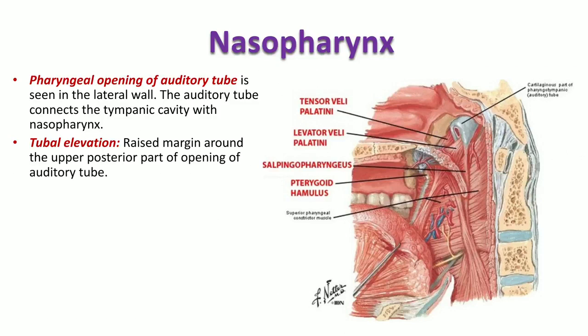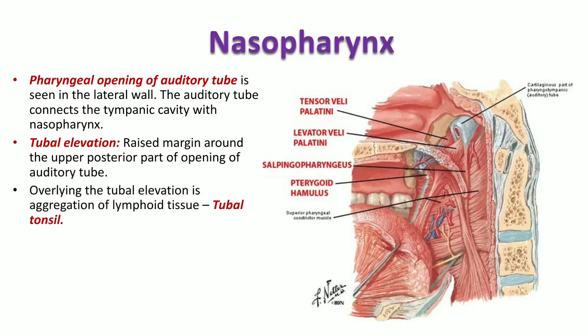Then on the tubal elevation you again come across an aggregation of lymphoid tissue, which is called the tubal tonsil. This is again a defensive mechanism, because it is there to trap any microorganisms before they enter the auditory tube. Through the auditory tube, infections might enter and spread to the middle ear cavity.